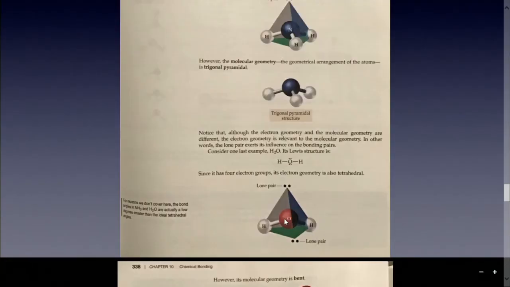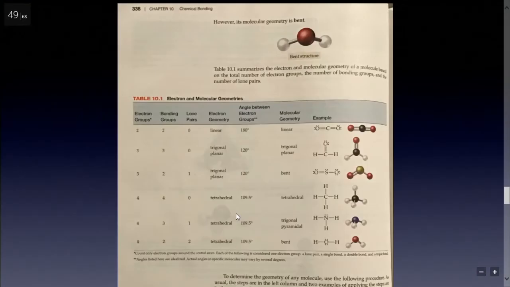So you have to use that table essentially. Let's look at another example. Let's look at water, a real basic example here. Again, doesn't everything have a tetrahedral pretty much? No. Not all electron geometries are tetrahedral. Most of them are. These 3 down here are.